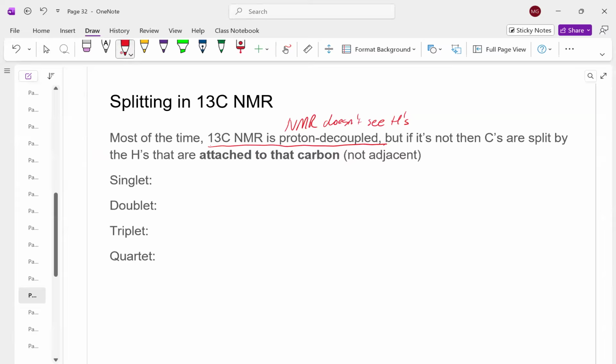If it's proton coupled, then the carbons are split by the hydrogens, and I want you to circle, highlight, star this phrase: they're attached to that carbon and not adjacent. So big point number 1 here is splitting in carbon NMR is different than splitting in proton NMR.